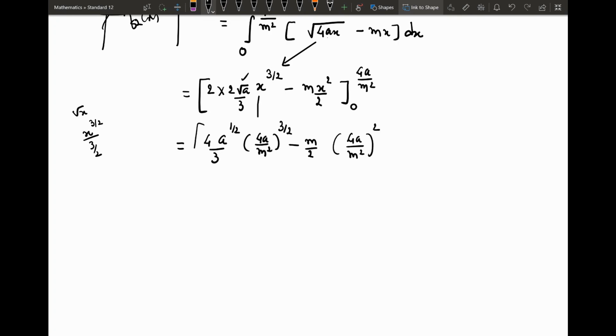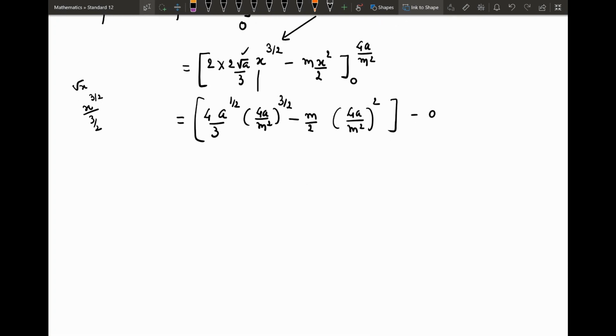In the case of the lower limit, when we put x equal to 0, it will be 0. Now let us simplify. a raised to 1 half into a raised to 3 by 2 gives a square, so 4 by 3 a square.